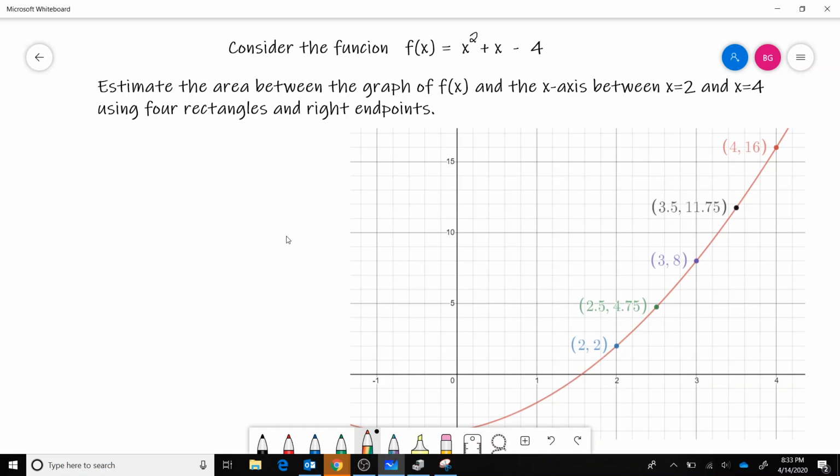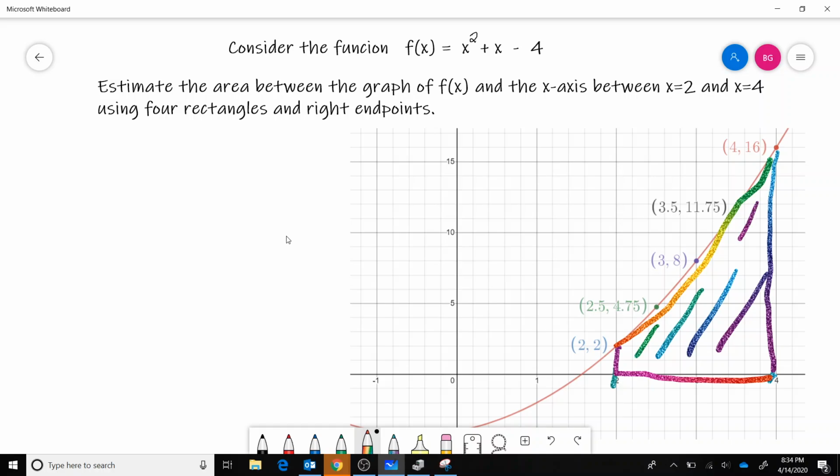And between x equals 2, so here's x equals 2, and x equals 4, so that's right here. So basically what they're asking us to do is to find the area that is between x equals 2 and x equals 4, the x-axis, and the curve. So what they want us to find is all of this area inside here.